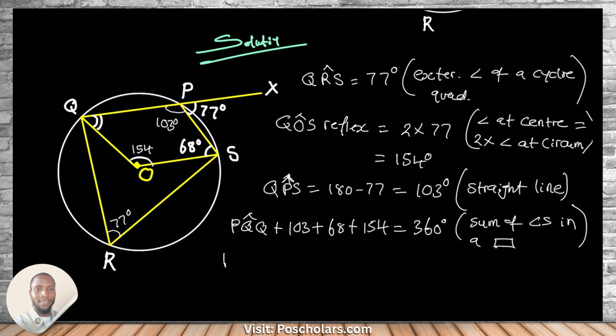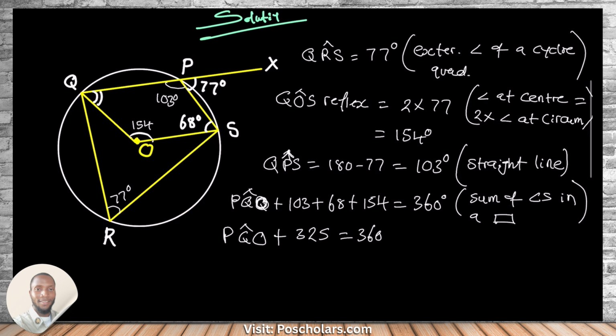So we have that PQO plus, when you do the addition of 103, 68 and 154 with your calculator, you have 325. So PQO plus 325 equals 360 degrees.